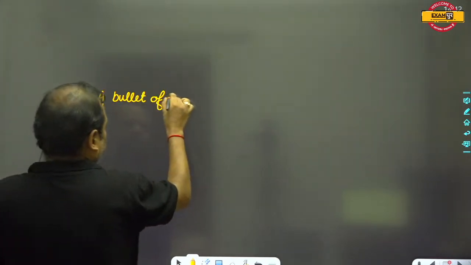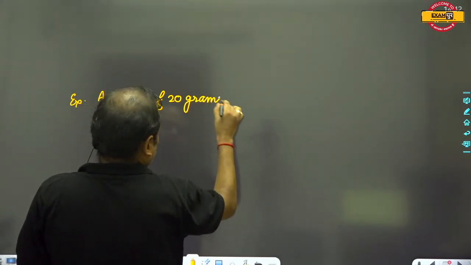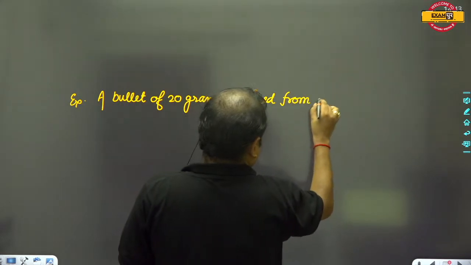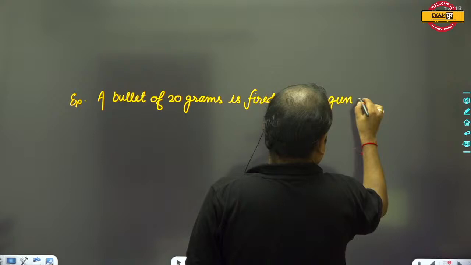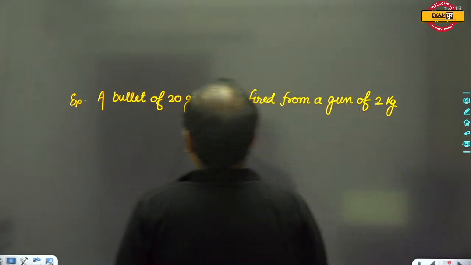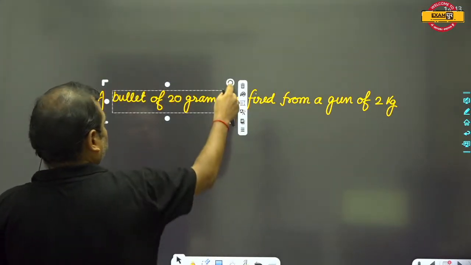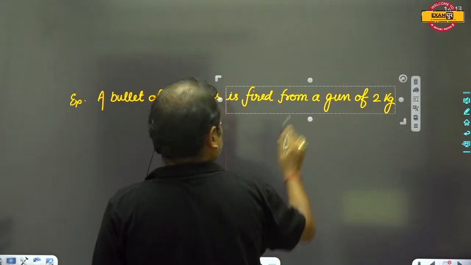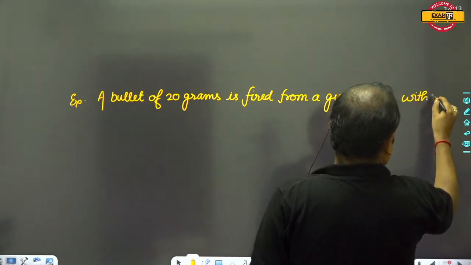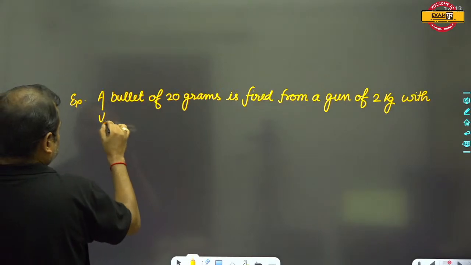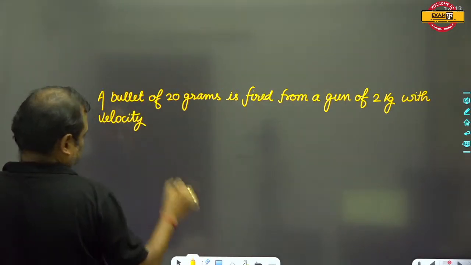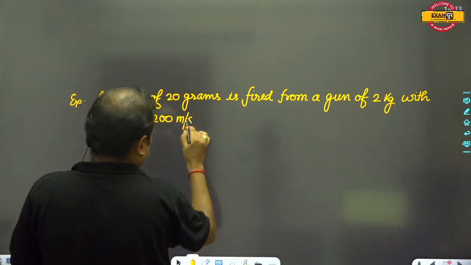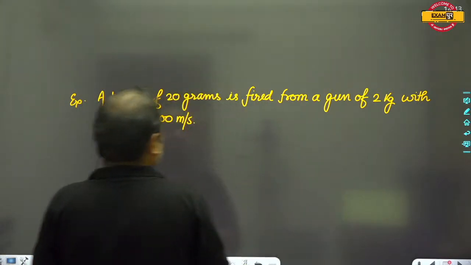A bullet of 20 grams is fired from a gun of 2 kg with velocity 200 meters per second.